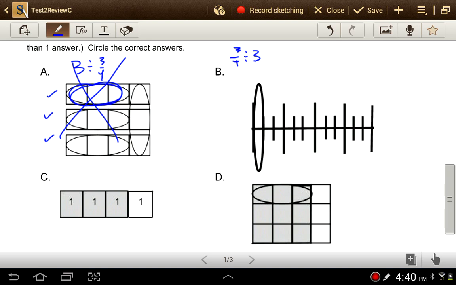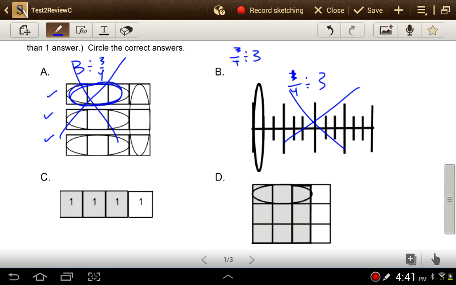Okay, and that would give me my answer. And so that is correct. Oh, I'm sorry. That is incorrect, guys. What I have in this example is I broke each section down into 3, when in reality I should have just been making each section one part. So this is actually 1/4 divided by 3. So that one is also incorrect.